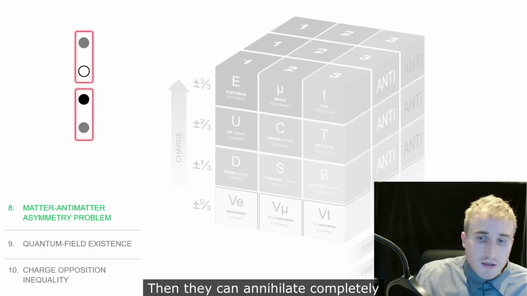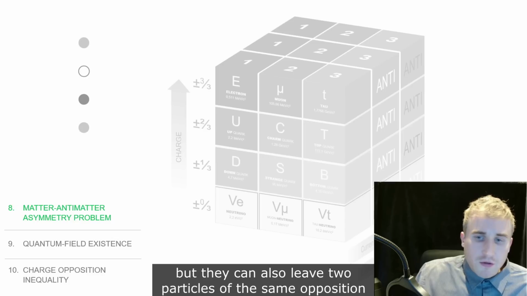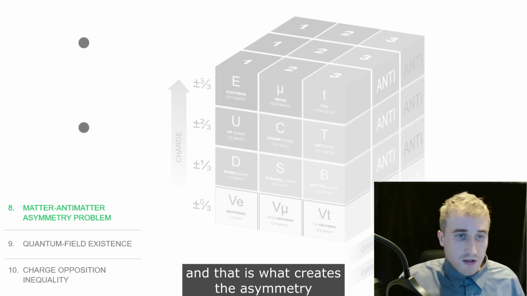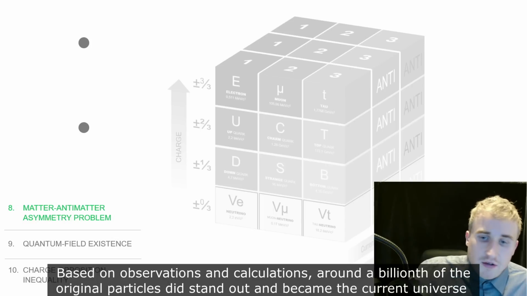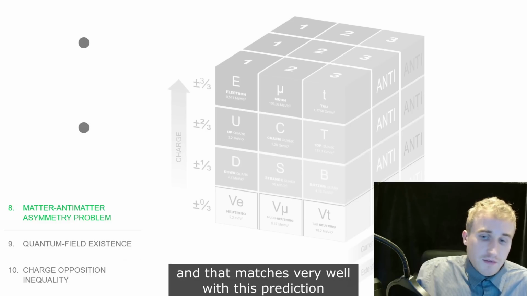Then they can annihilate completely, but they can also leave 2 particles of the same opposition, and that is what creates the asymmetry. Based on observations and calculations, around a billionth of the original particles did stand out and became the current universe, and that matches very well with this prediction.